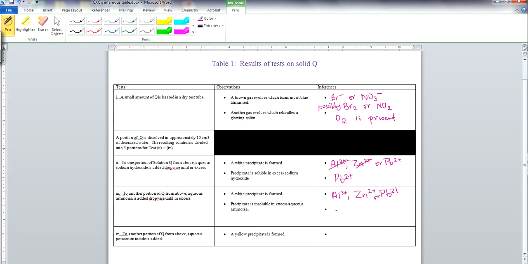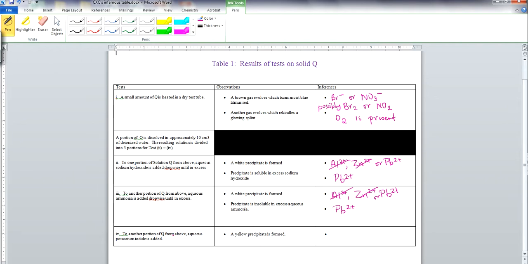And therefore, if we know this, we can test it again by adding more ammonia, which is what they did, and it showed that it was insoluble in excess ammonia. These two are soluble in excess ammonia, whereas Pb2+ is not. So we have proven that lead is the definite cation present within the solution of Q.